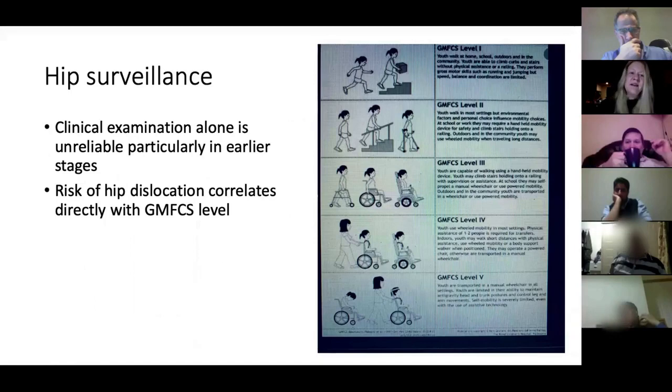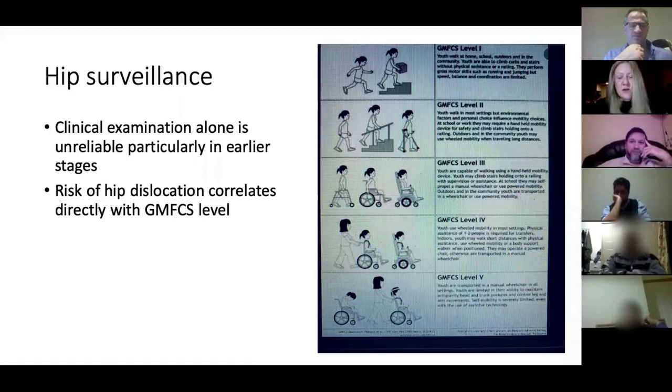So hip surveillance. Now, the GMFCS scale is what's going to predict the likelihood of your hip dislocating. And I think whenever you approach a cerebral palsy child in an exam, the first thing you want to do is work out what is their GMFCS score.